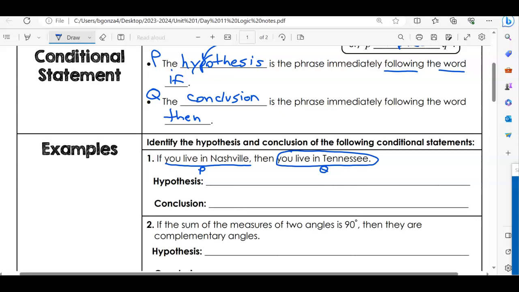So the hypothesis we underlined is you live in Nashville. The conclusion is you live in Tennessee. That makes sense? Pretty straightforward, pretty easy.